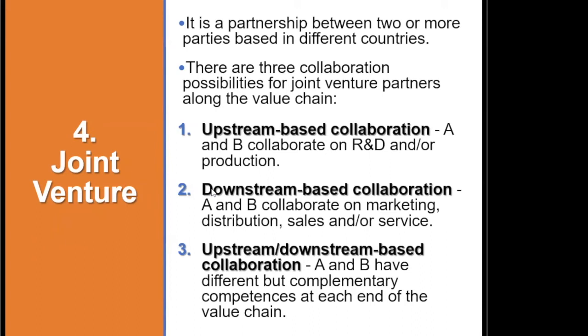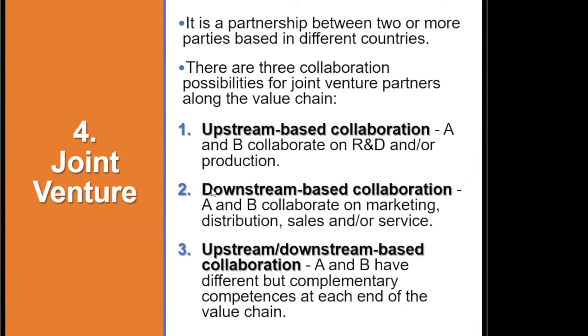They can either collaborate on upstream-based activities, which usually involve research and development and the production of the product or service in question. They could also collaborate on downstream-based activities, which involve primarily the marketing, distribution, sales, and after-sales service of the product that they are selling.